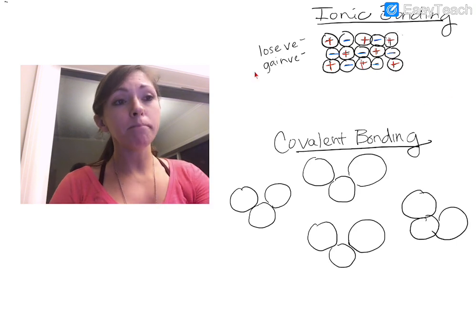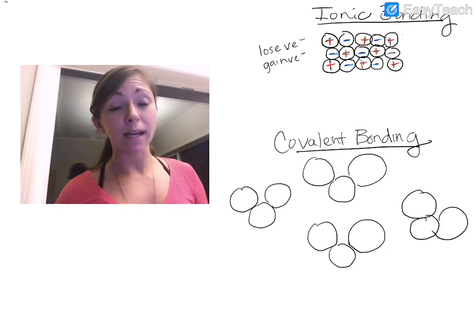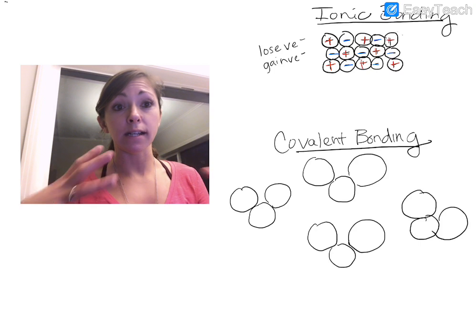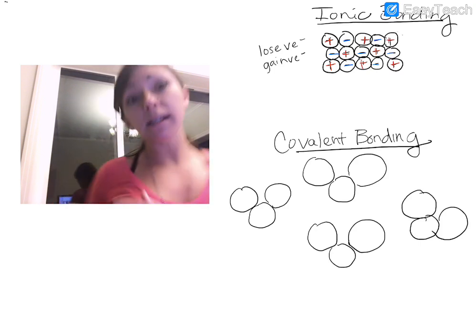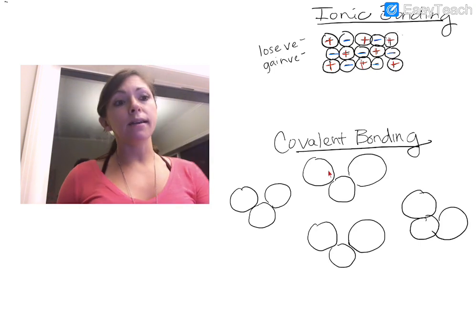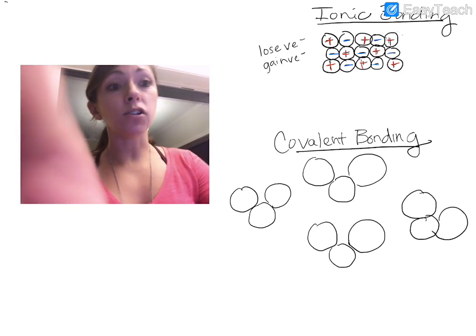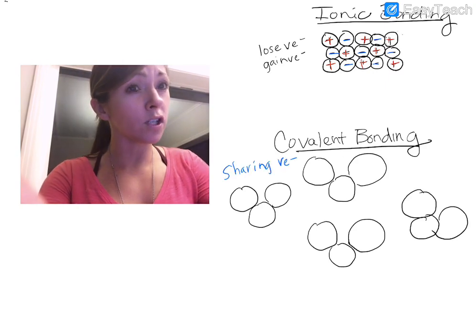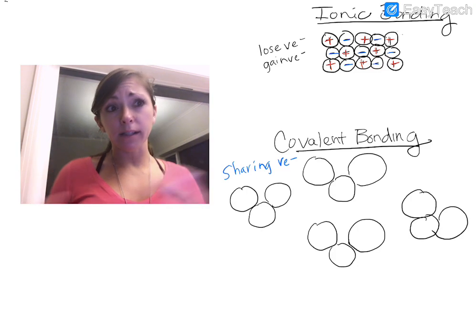So ionic bonding happens between metals and nonmetals that lose and gain valence electrons. It's a complementary, hey, I don't need these electrons, you need them. And then in covalent bonding, they are actually sharing valence electrons, okay? So there are no charges because they don't technically lose or gain.